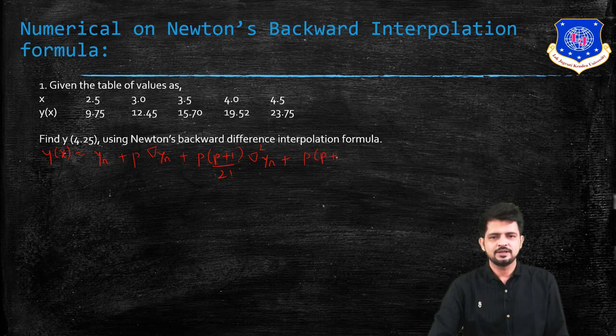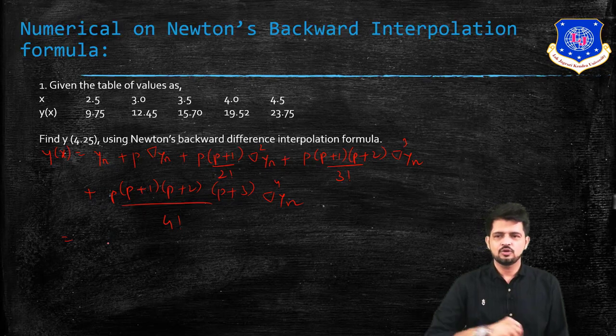Then p into p plus 1 into p plus 2 upon 3 factorial nabla cube yn plus p into p plus 1, p plus 2, p plus 3 upon 4 factorial into nabla raised to 4 yn. There is no need to write further.